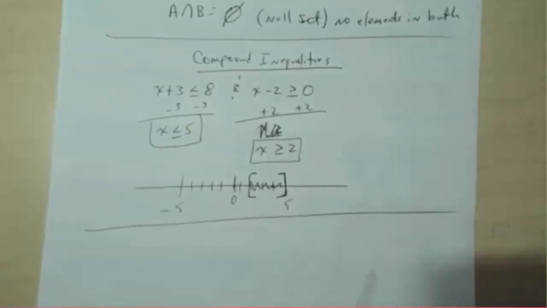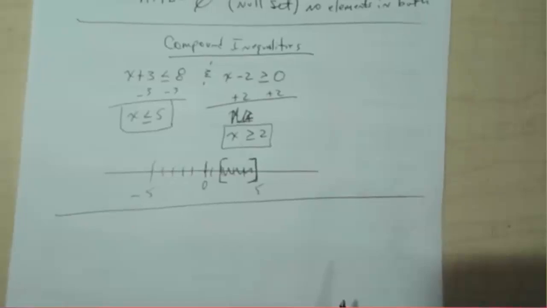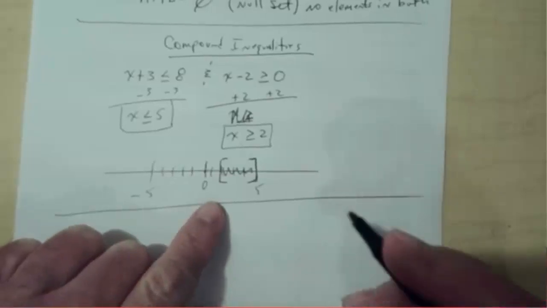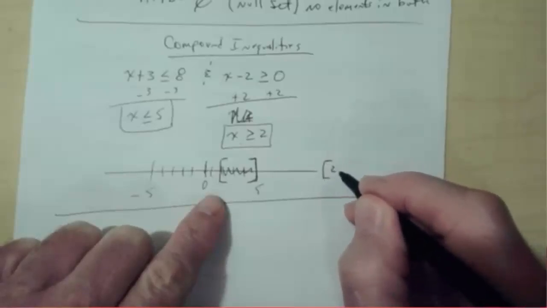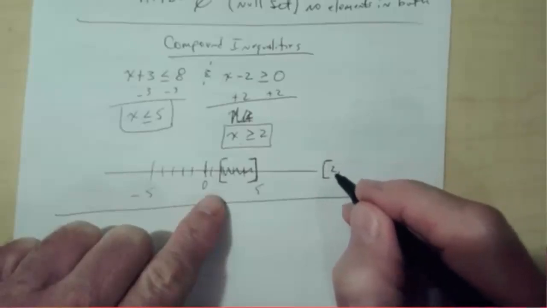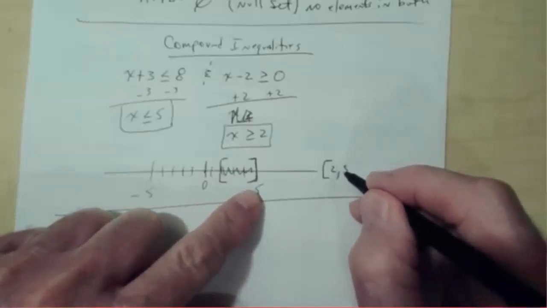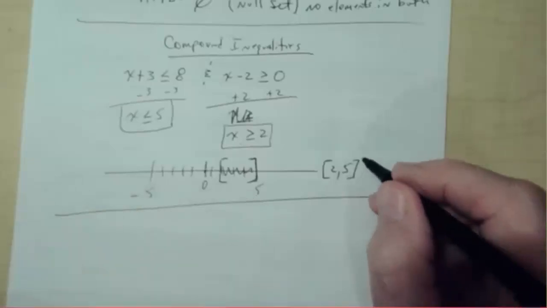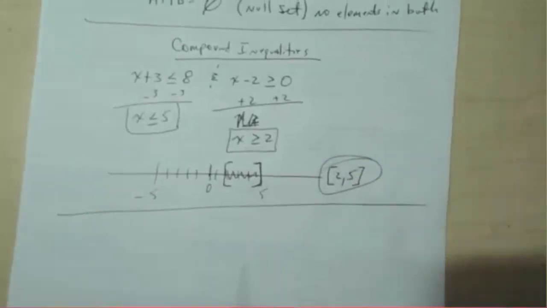Now, if we were to do interval notation, on the low side, it's going to be 2 with a bracket because it includes the 2. And on the high side, the most this number can be is 5, again with a bracket. Right?